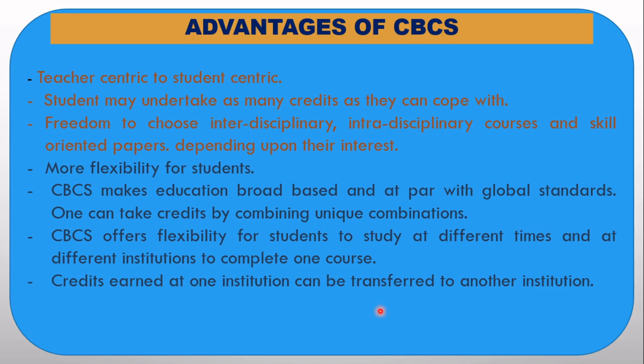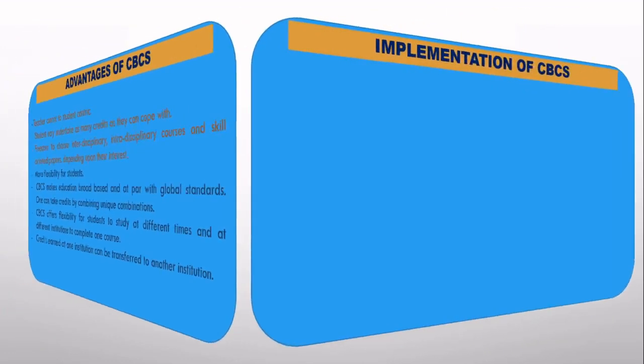For example, if any student is taking education in an institution of Nasik, he can transfer his admission to other colleges in other cities like Pune. The credits he has earned in Nasik, he can transfer to the Pune institution. So this is a very important advantage of this CBCS pattern.